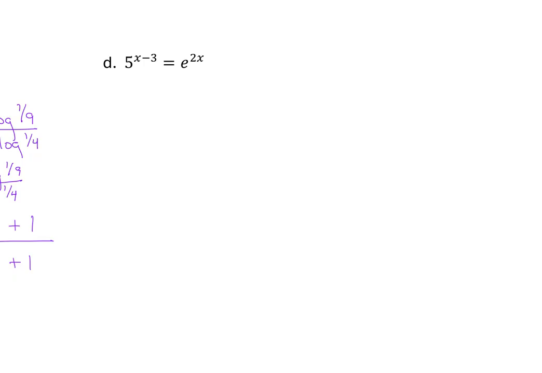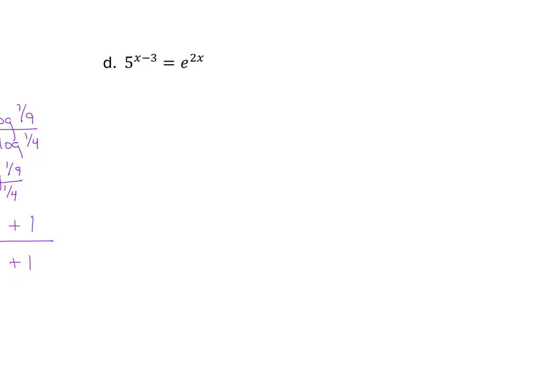All right, I cannot write these numbers with the same base, and so we're not going to try. So what we're going to do is we're going to take logs of both sides. Now remember I said you can take log or you can take natural log, as long as you're doing the same thing.